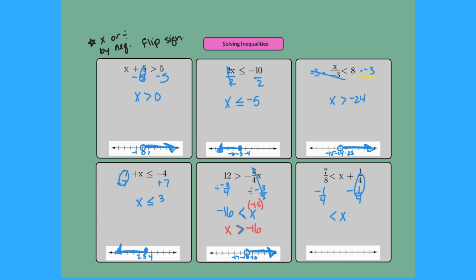And then 7/8 minus 1/4. Remember, when we're adding or subtracting fractions, we have to have a common denominator. So I can make this into 2/8 by multiplying everything by 2. Or you could put it in the calculator. So I have 7/8 minus 1/4 in the calculator, or by hand, 7/8 minus 2/8 is going to be 5/8.